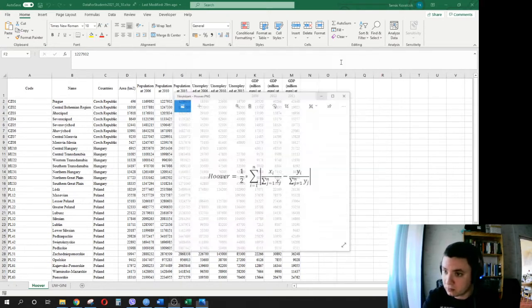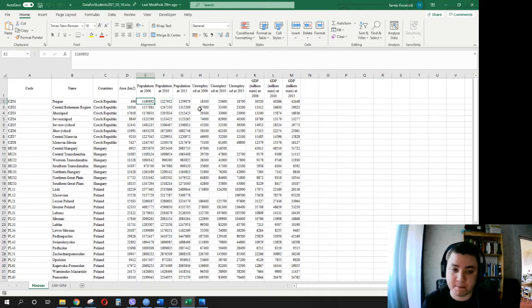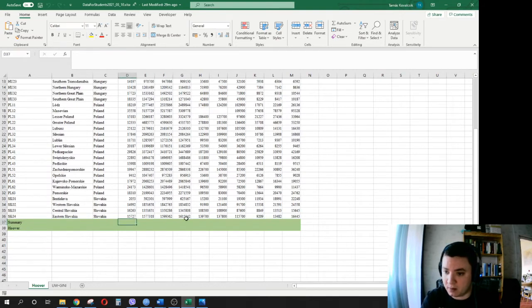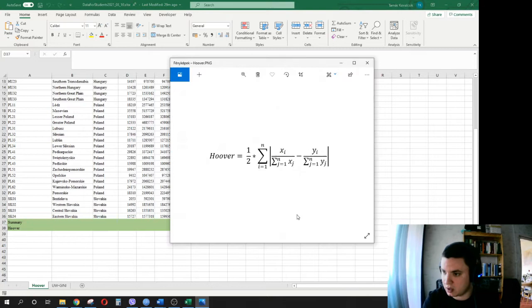So if you make the calculation for the population and the area, you can call it the Hoover index of the population density at 2006. Okay, let's make the calculation. First of all, we have to calculate the summary in the denominators.